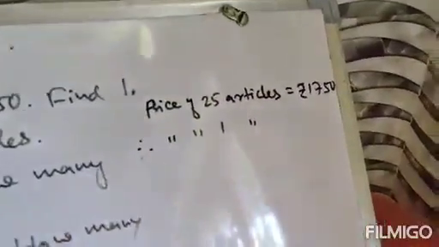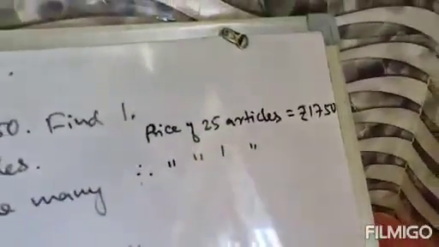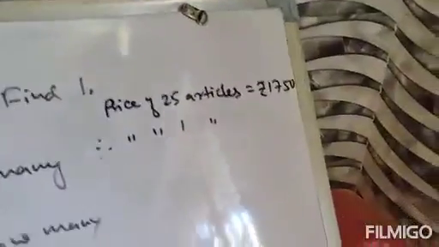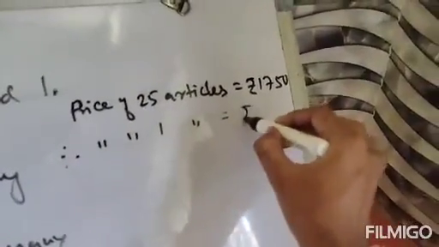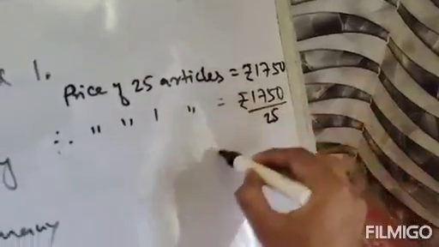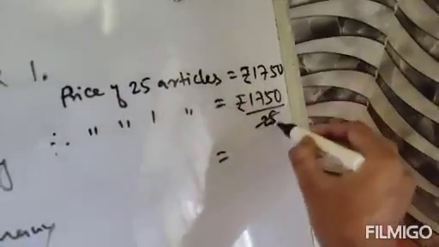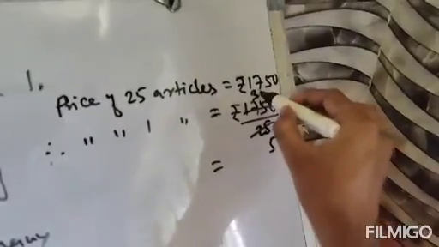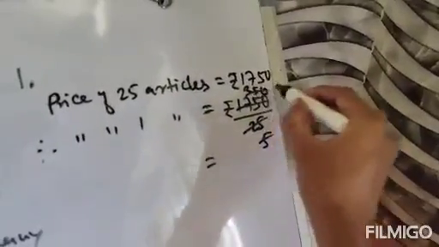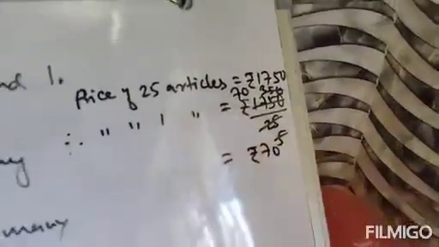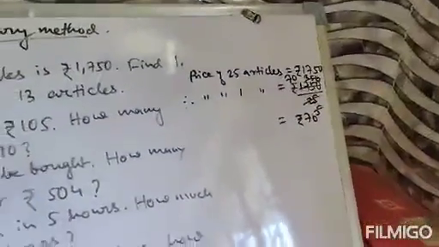The number of articles decreases from 25 to 1, so the cost will also decrease, and if it decreases, we divide. So 1750 divided by 25. Now reduce, 5 fives are 25, equal to rupees 70. So the price of one article is rupees 70.